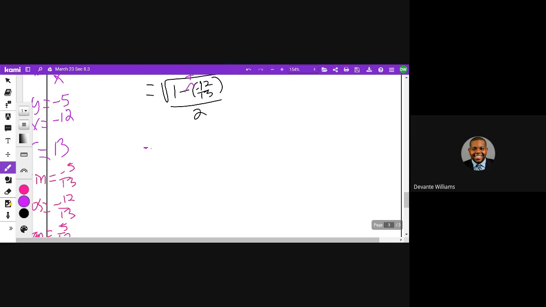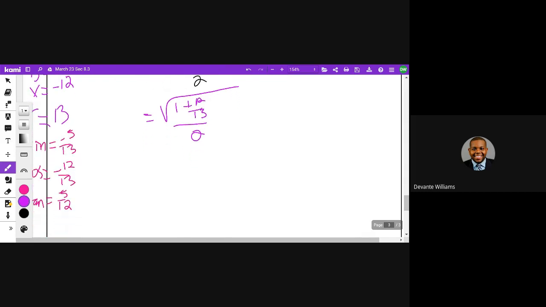So now we got the square root of 1 plus 12 over 13, all over 2. Let's clean up our radical. We're going to add the numerator, so it'll be 13 over 13 plus 12 over 13. That becomes 25 over 13.